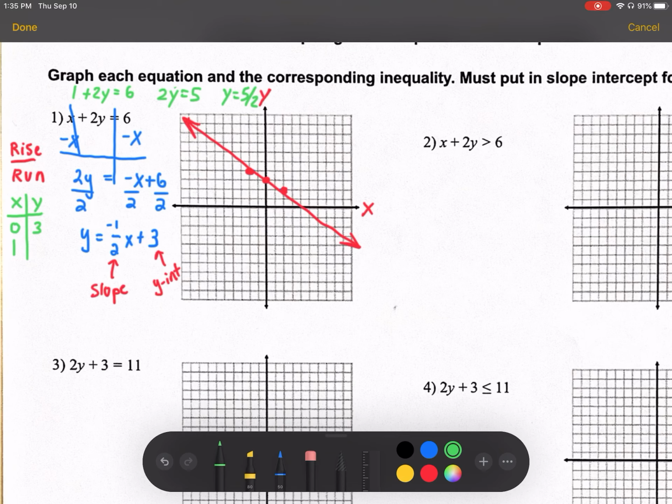Five halves is 2.5. So if we go to an x value of 1, and we come up, we can see that that's approximately 2.5 up there. So you can do it that way: plug in your x values, and then figure out what your corresponding y value would be.